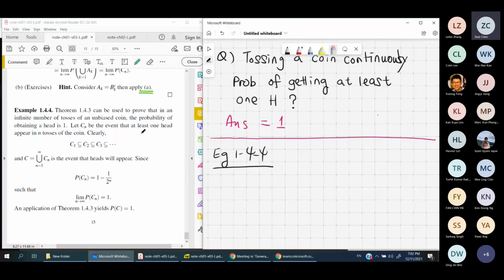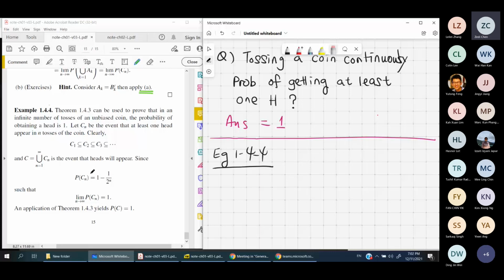If you have C1, you can see this must be a subset of all these things. The chance of getting one hit is when we combine all of them. It means it will either happen in the first try, or the second try, or the third try. So C will be the union of all Cn, the event that a hit will appear at least once.